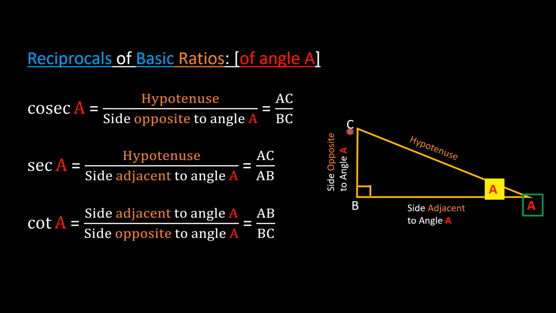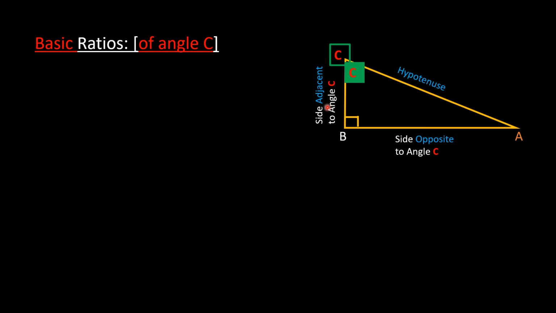Now we will write basic ratios sine, cos and tan for angle C. In right triangle ABC, now we will write trigonometric ratios of angle C, and we will see how the opposite side and adjacent sides change in relation to angle C. So side opposite to angle C is AB and side adjacent to angle C is BC.